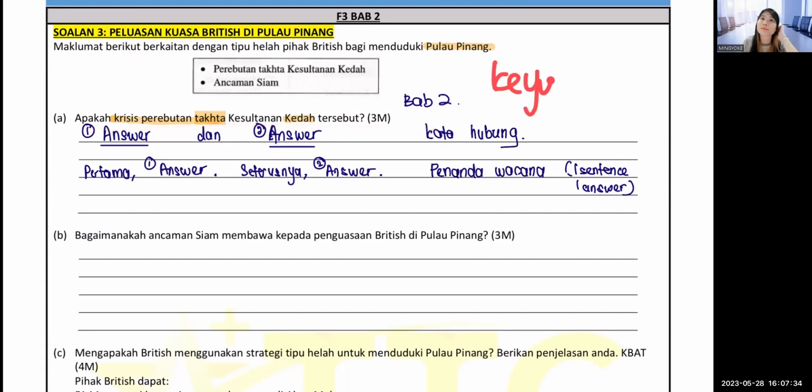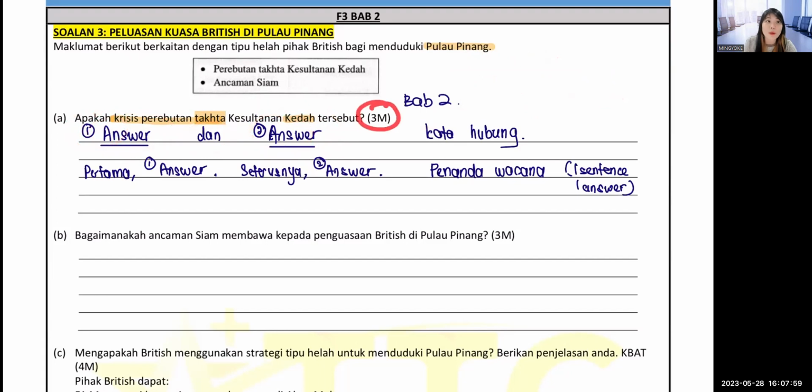For example, when you put in your answer for a structure question, you put in the first answer, done. There you got 1 answer already, 1 mark. Then the second answer, 2 marks.